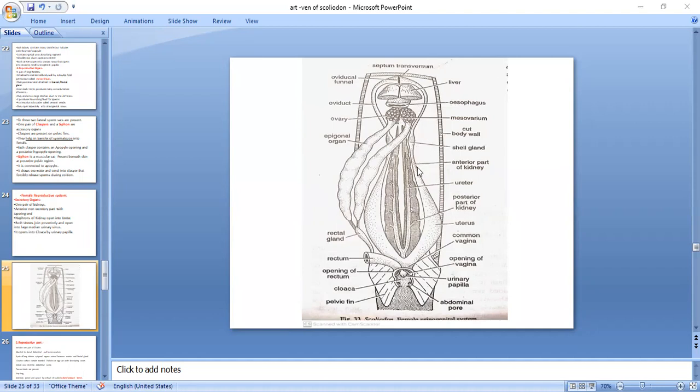The posterior part of the oviduct becomes very broad, and that is called the uterus.